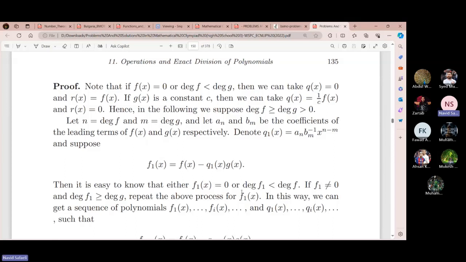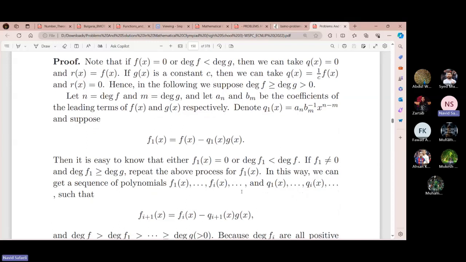We can do this by induction. Assume that n is deg of f, m is deg of g. So denote q1 as this. Consider f1 as f minus q1 times g. It is easy to find that either f1 is 0 or deg of f1 is less than deg of f.